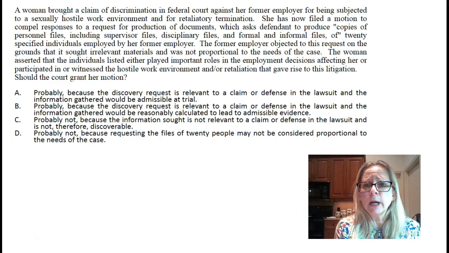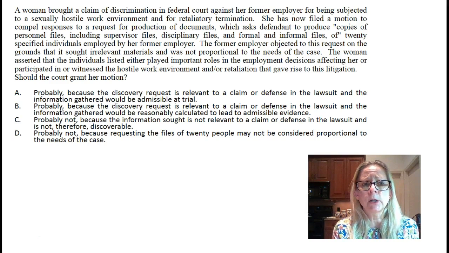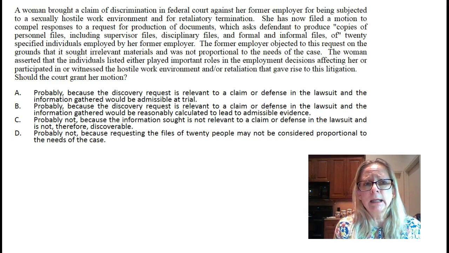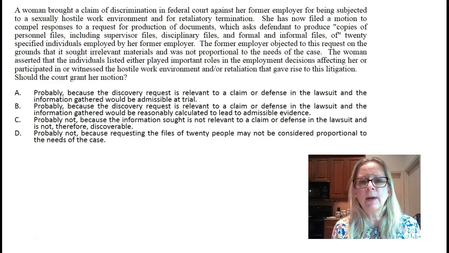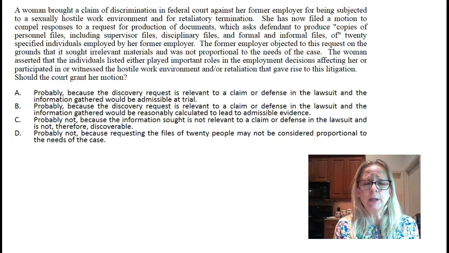The former employer objected to this request on the grounds that it sought irrelevant materials and was not proportional to the needs of the case. The woman asserted that the individuals listed either played important roles in the employment decisions affecting her or participated in or witnessed the hostile work environment and or retaliation that gave rise to the litigation.